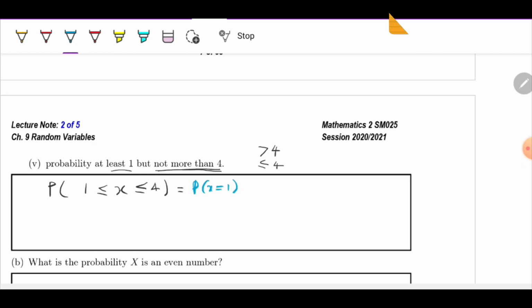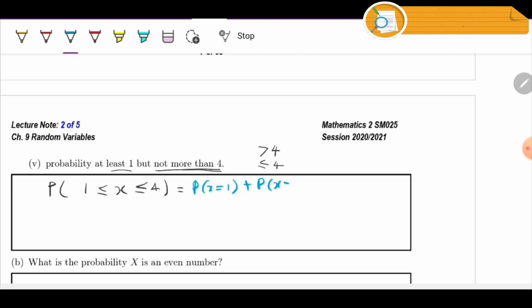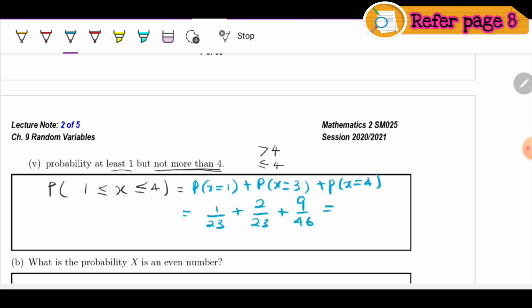So P(X=1) plus P(X=3) plus P(X=4). The probability is 1 over 23 plus 2 over 23 plus 9 over 46. And the answer is 15 over 46.